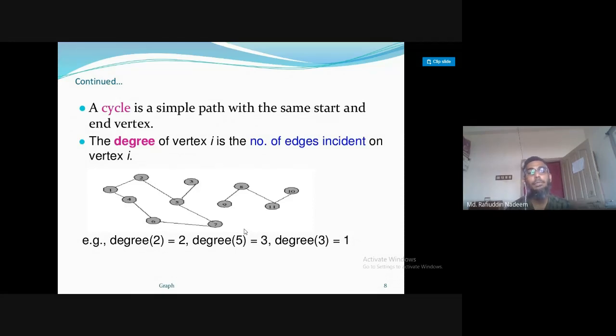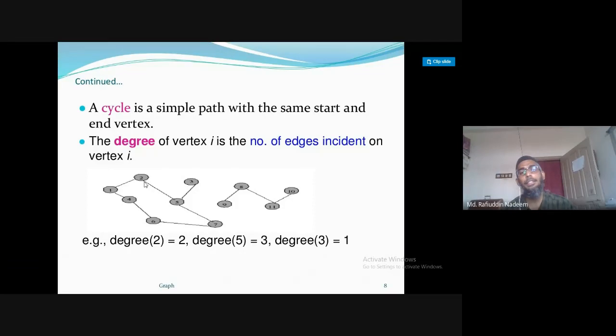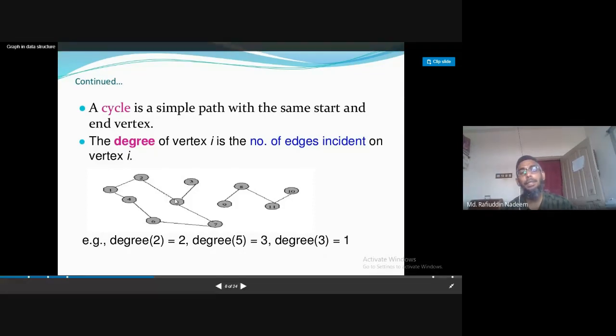Observe here, the degree of 2 is 2 because 2 edges are incident on 2. Likewise, the degree of 5 is 3 because 3 edges are incident on vertex 5. And the degree of 3 is 1 because only one edge is incident on vertex 3.